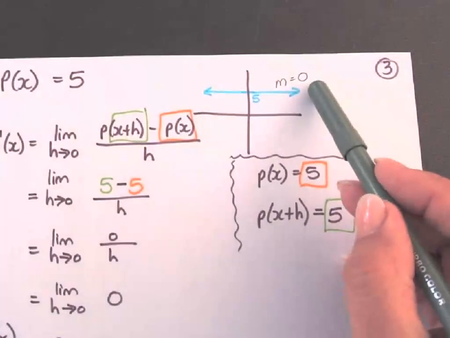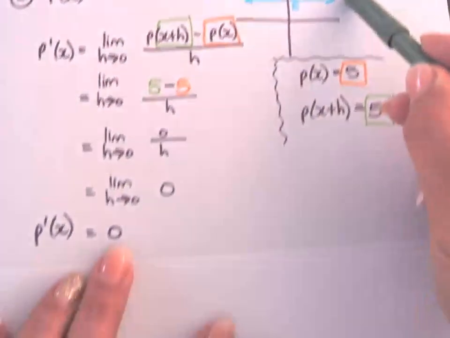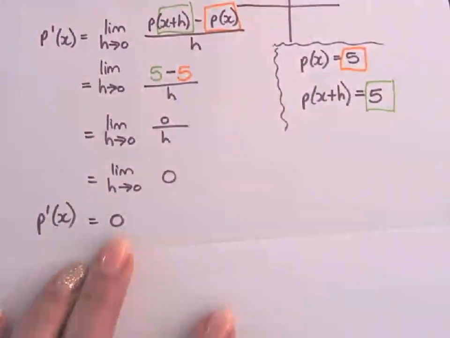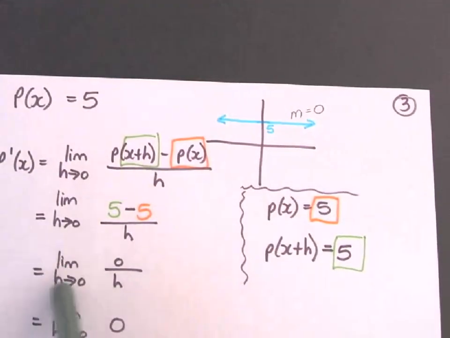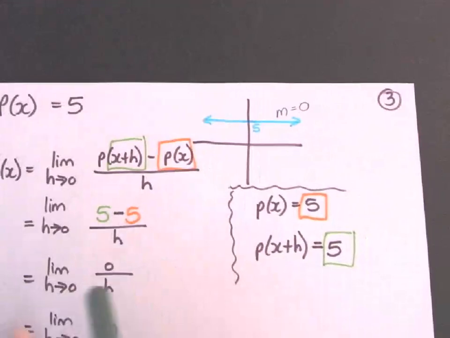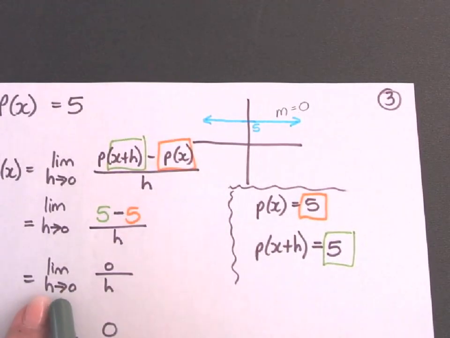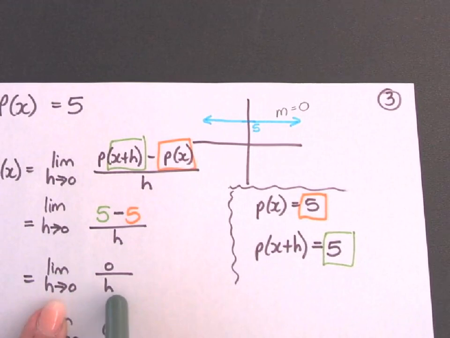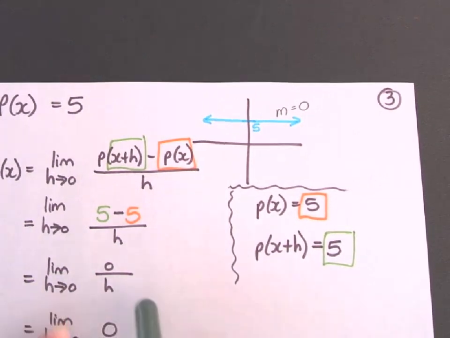And there we got our gradient. What do you mean h tends to 0? This notation means if h goes near 0, what will my answer be? There is no h here. So it doesn't matter if h goes to 0, the answer will be 0.